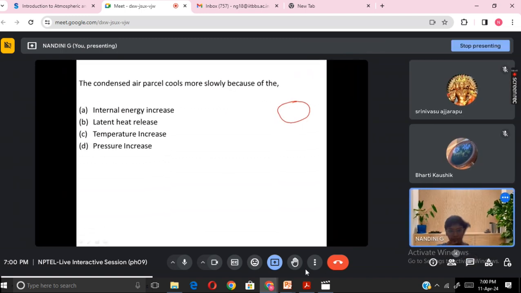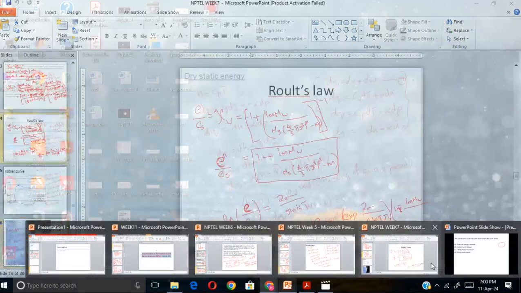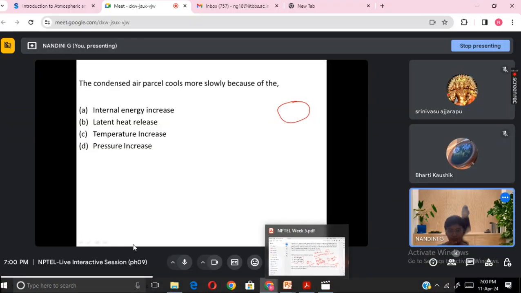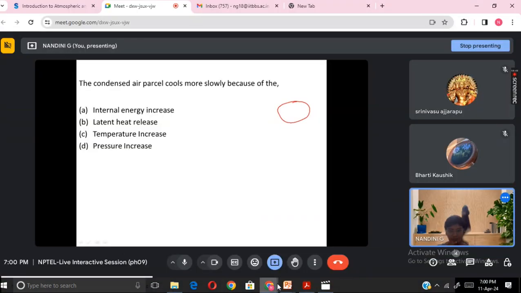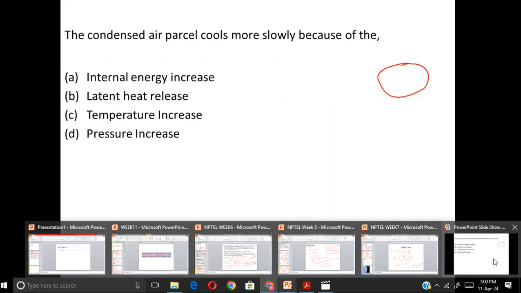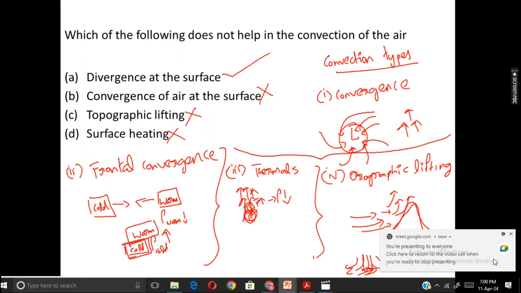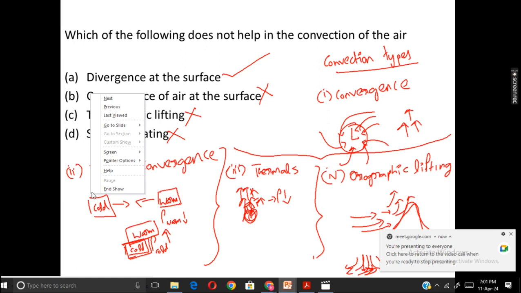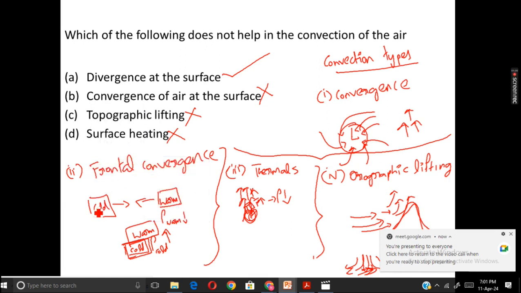Okay. Yeah, I can repeat Fresnel convergence. Fresnel convergence means there are two air masses.